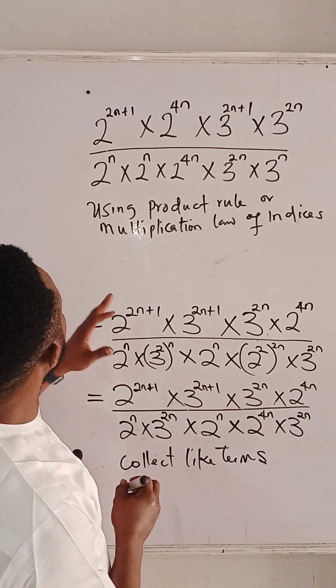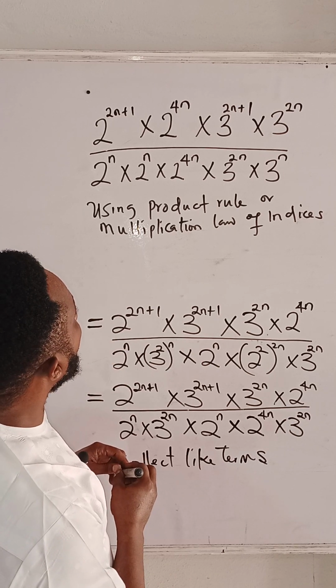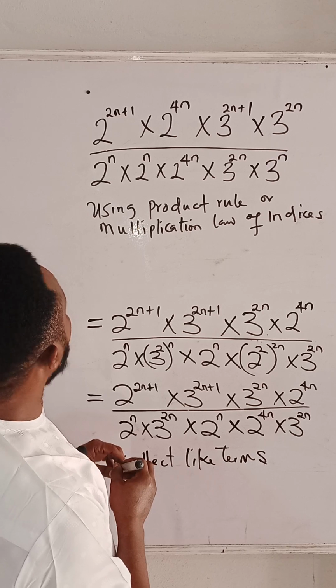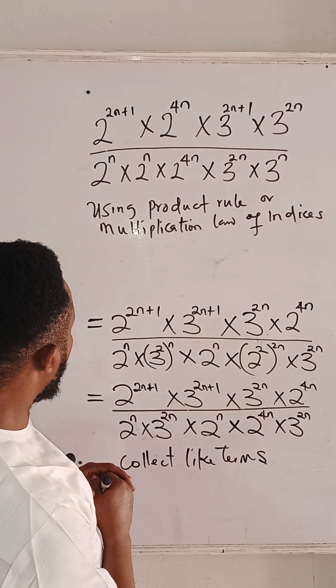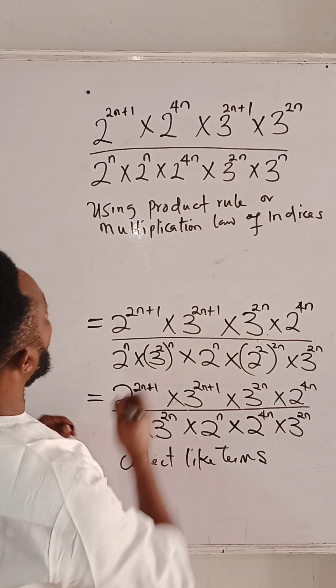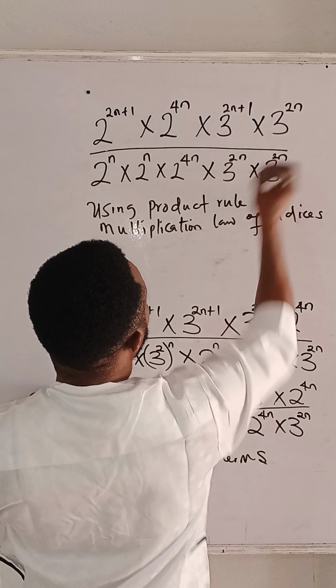Okay, there's a mistake somewhere here. Power of n here is 2.